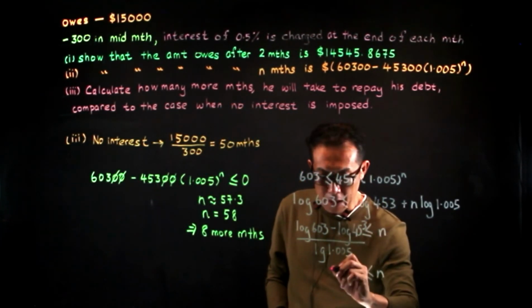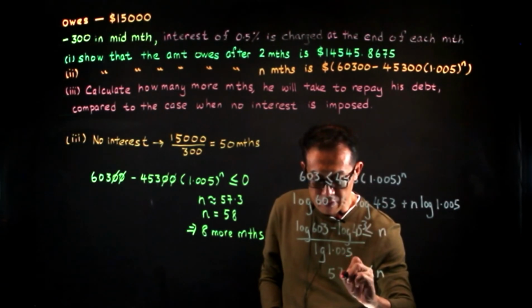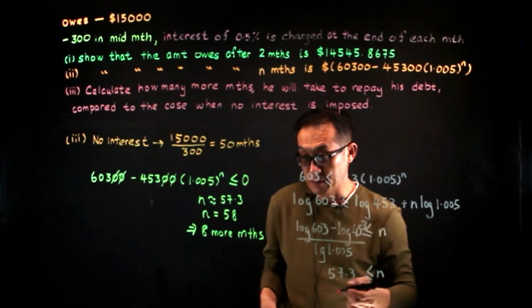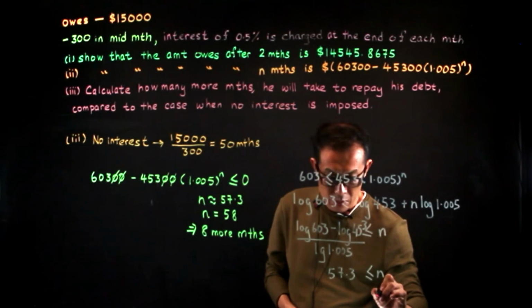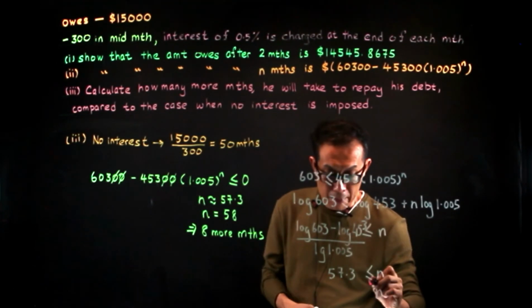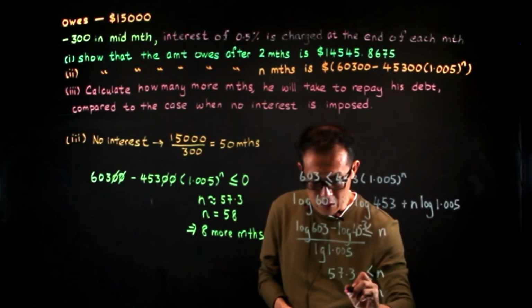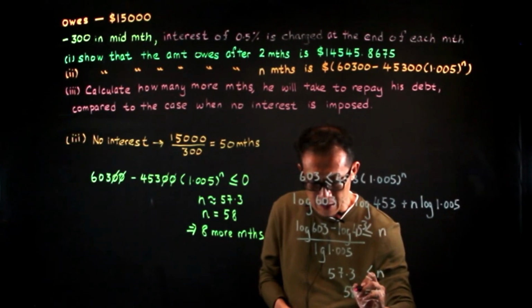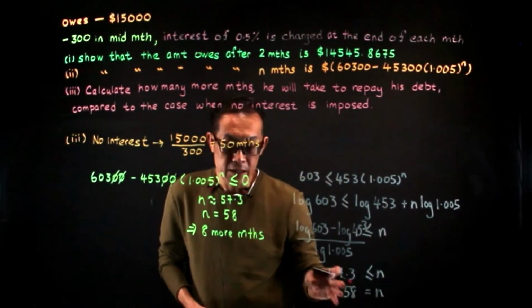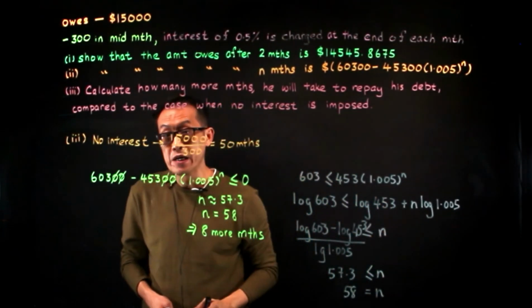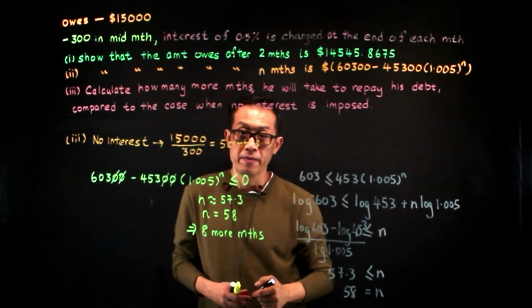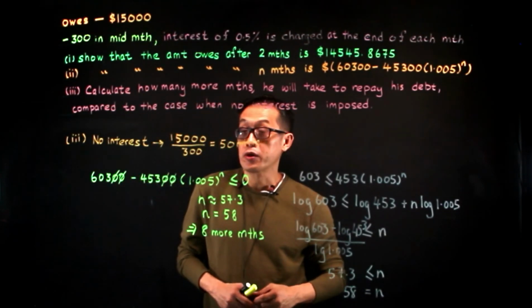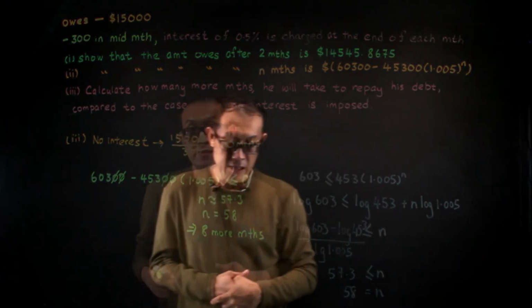You find that this part is 57.3 something. So if you round it up, n is equal to 58. Same thing, you use 58 minus 50, which is 8 more months. For that, we come to the end of this question.